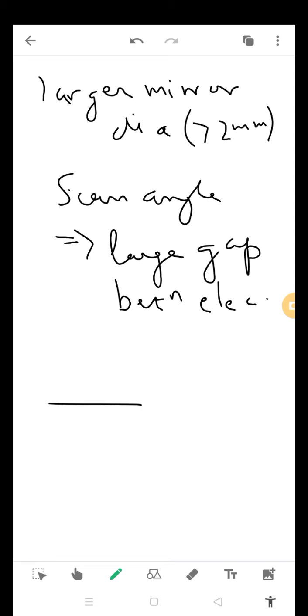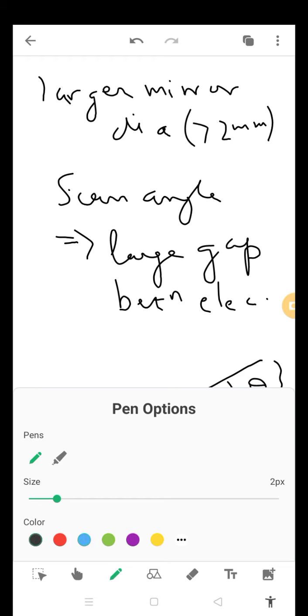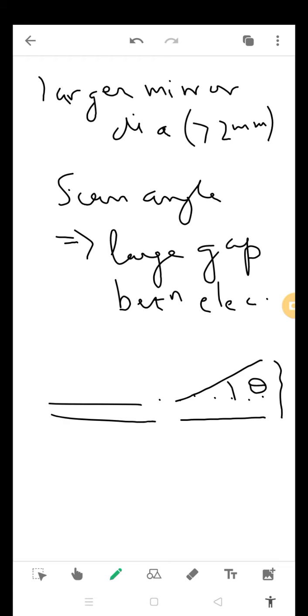Suppose these are the two electrodes. If one of the electrodes moves with a certain angle theta, a large gap is produced between the electrodes, and this large gap will actually cause an increase in drive force.